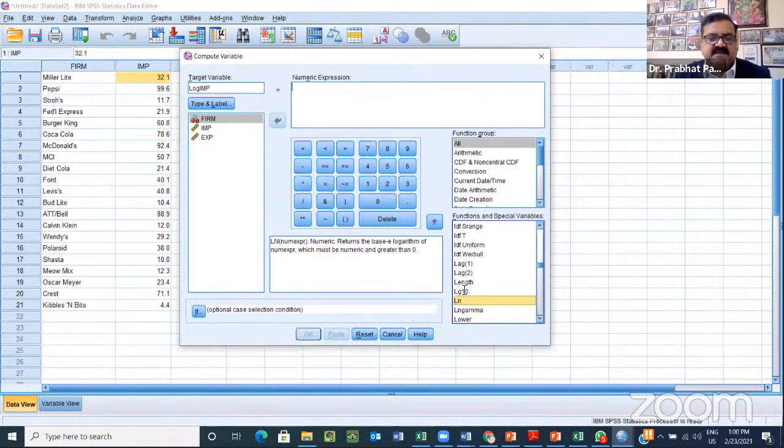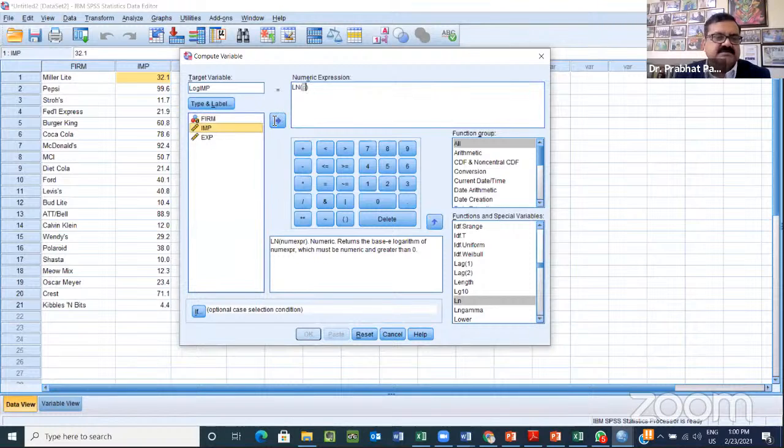So this is for base 10, and this is for the E value, 2.17 or something. I don't remember exactly, but it is calculated on the basis of the E base. It's called the natural log.